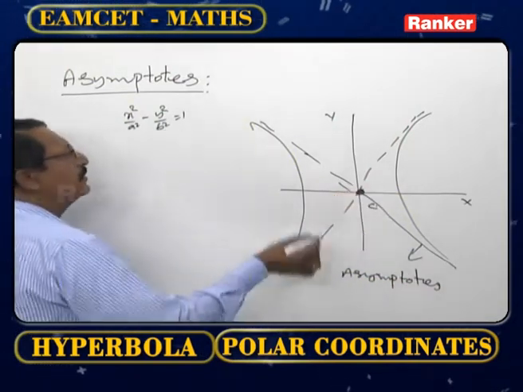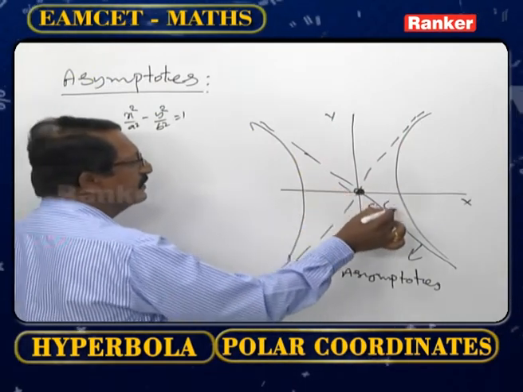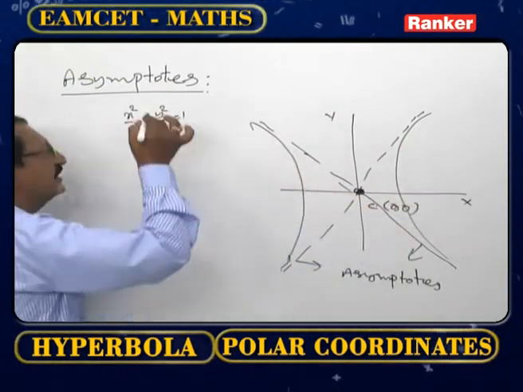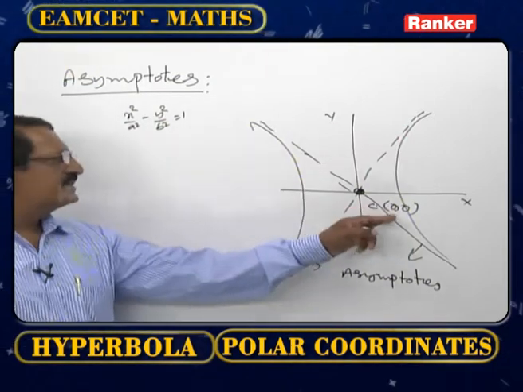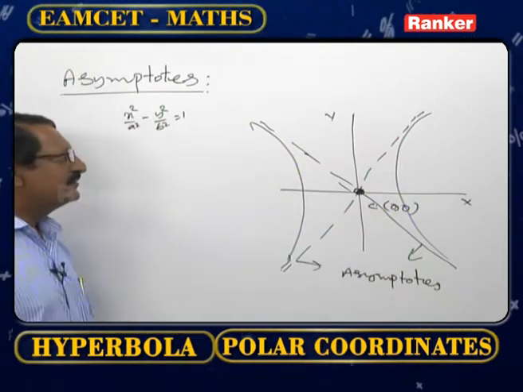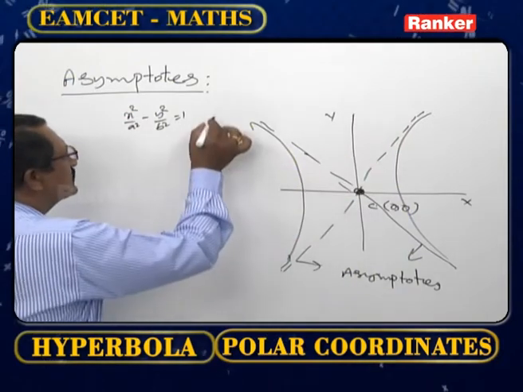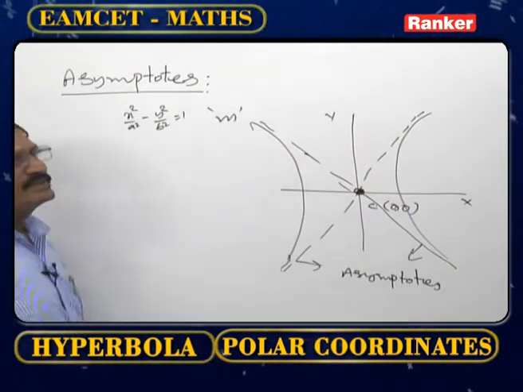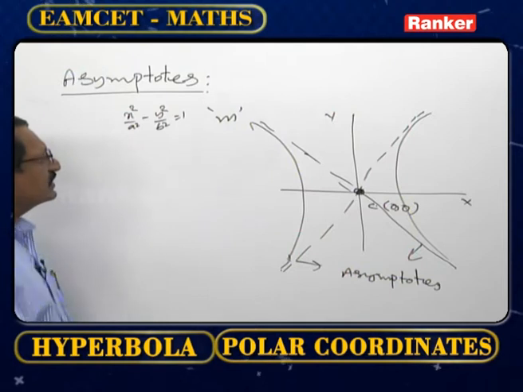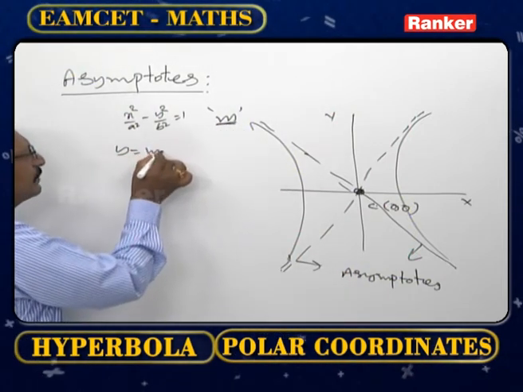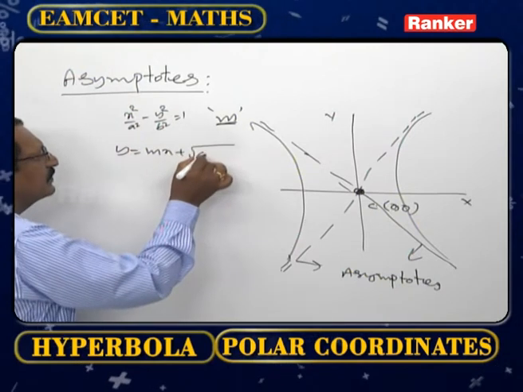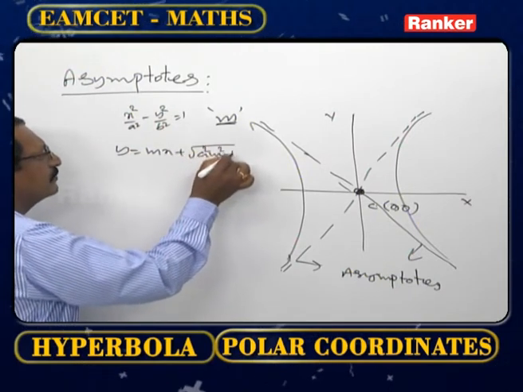Now, they pass through the center, and for the standard hyperbola x square by a square minus y square by b square equals 1, the center is (0, 0). Let m be the slope of the asymptote. The equation of the tangent with slope m is y equals mx plus or minus square root of a square m square minus b square.